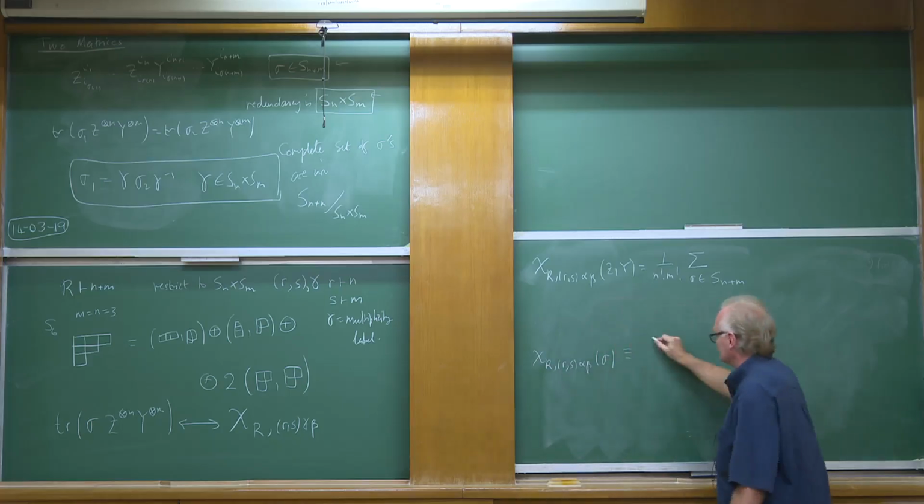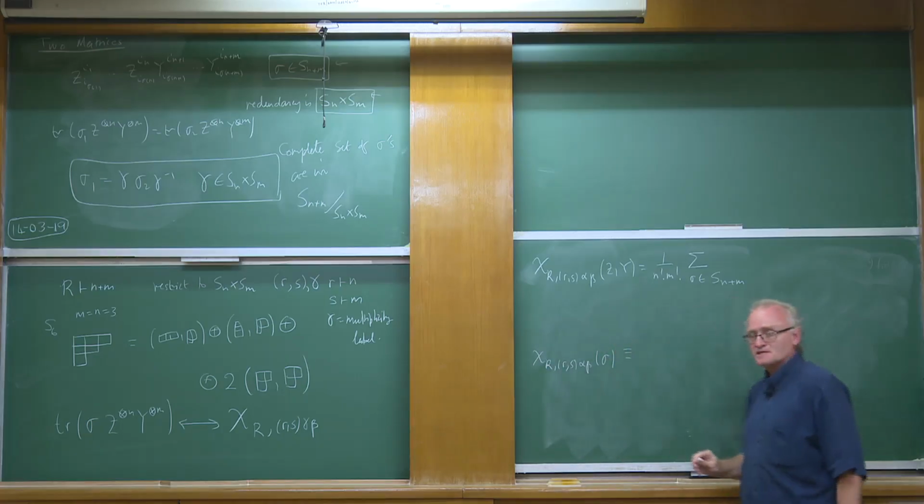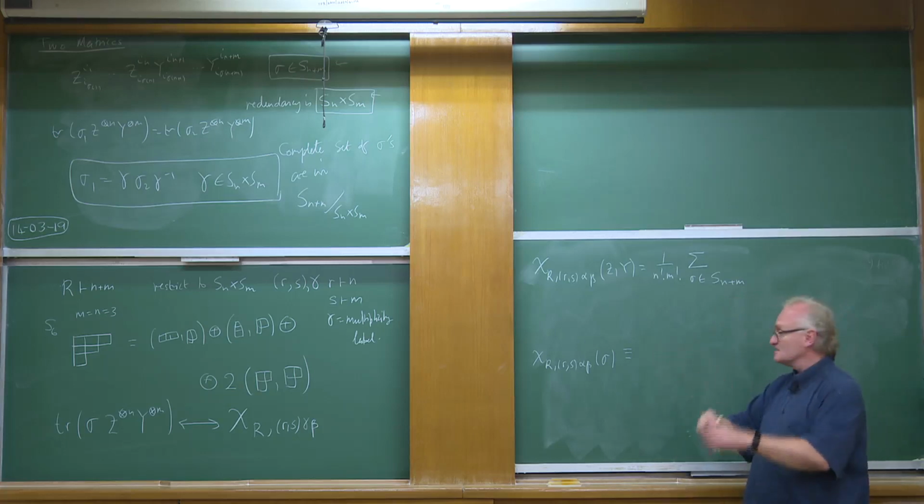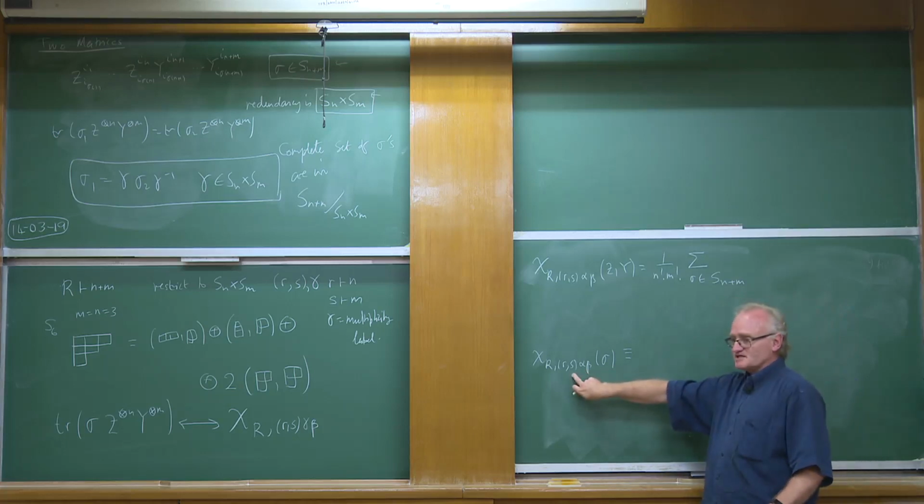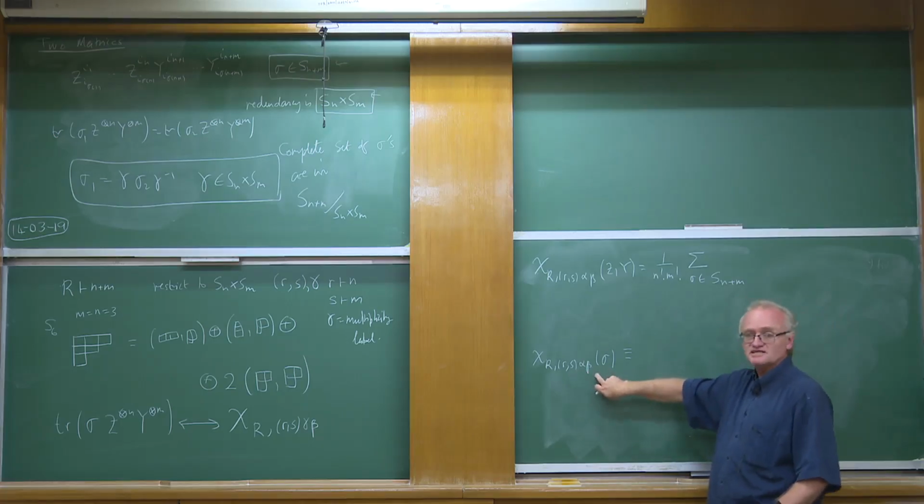by definition, character in the coset? No. So what it is, you restrict the trace to this subspace, but you can restrict the row index to a different copy to what you restrict the column index.